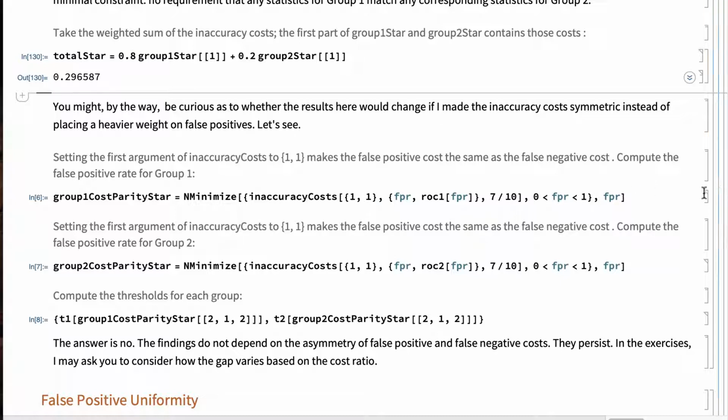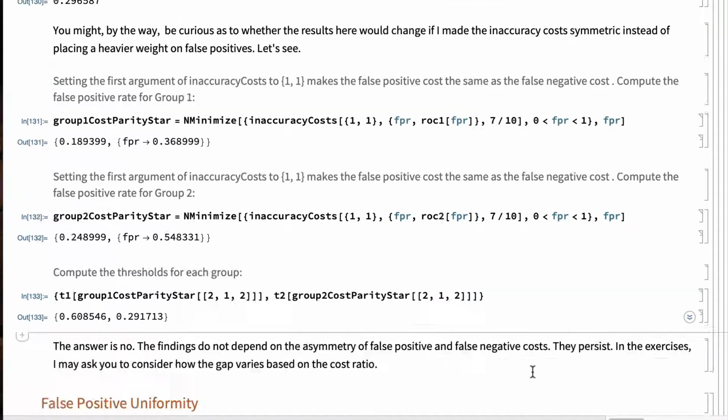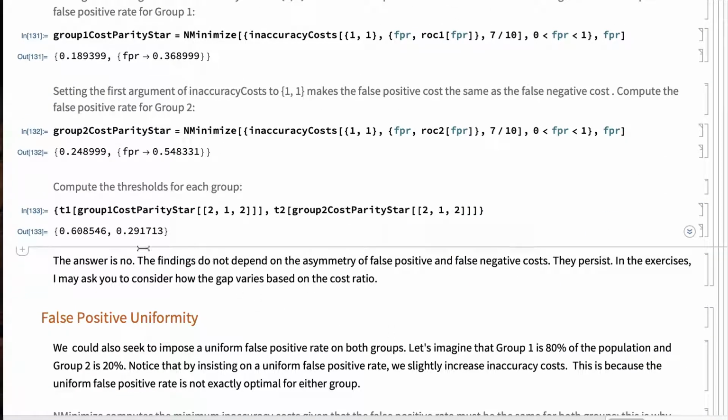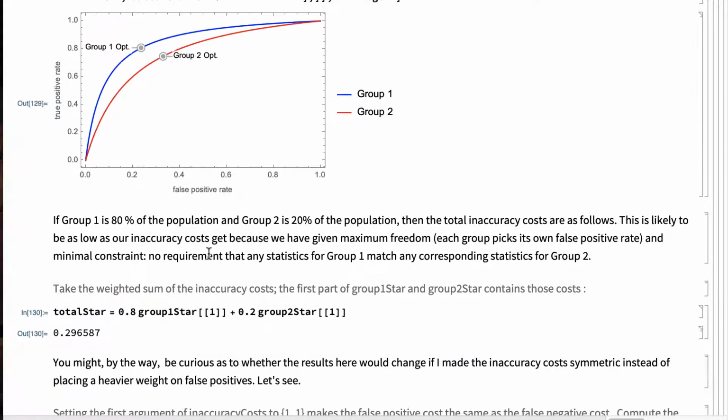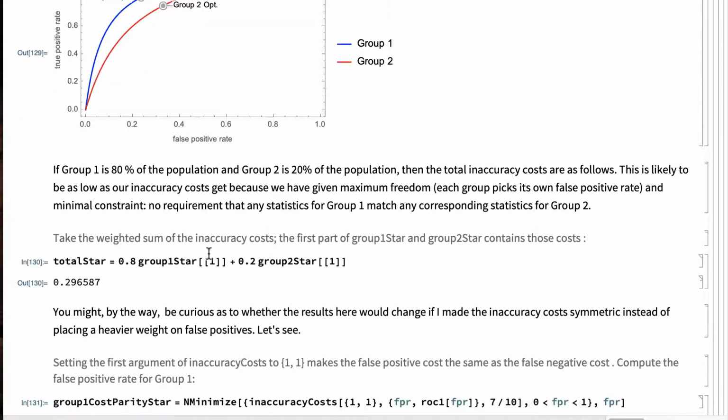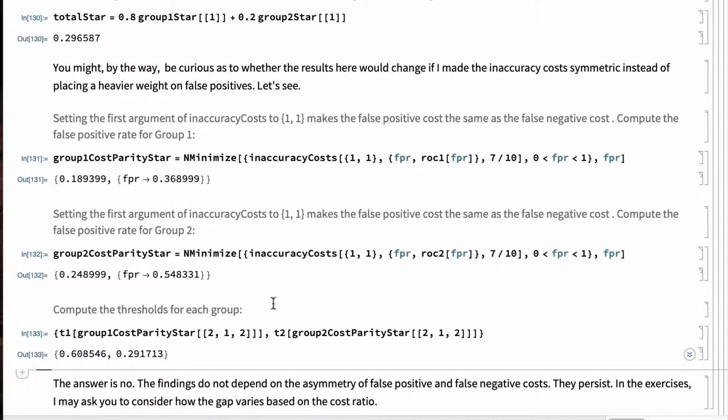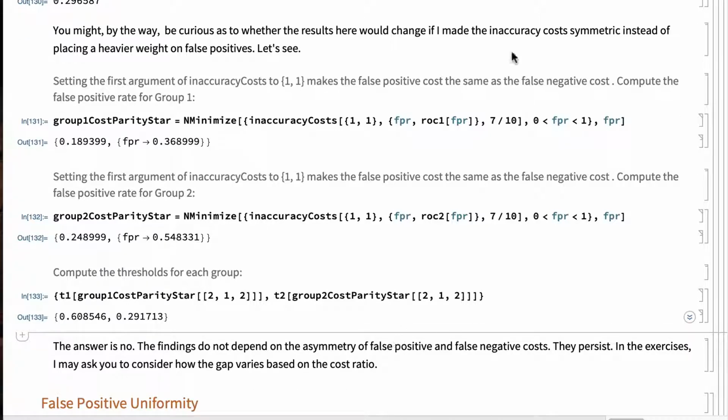We have symmetry. And I do it, and the answer is nope. The thresholds for the groups, the optimal thresholds, are still quite different, and so our finding about the desirability of different thresholds did not depend on this asymmetry of false positive costs and false negative costs.